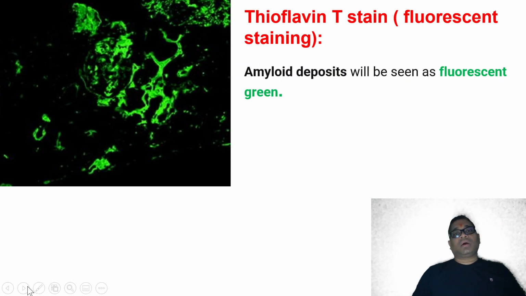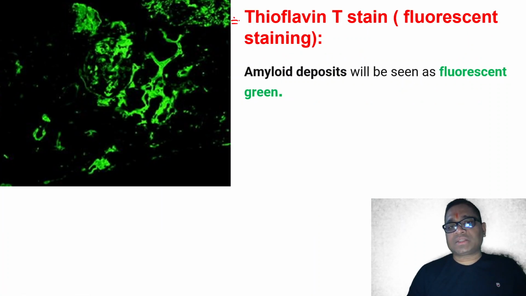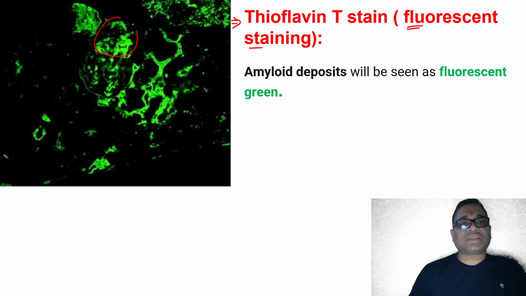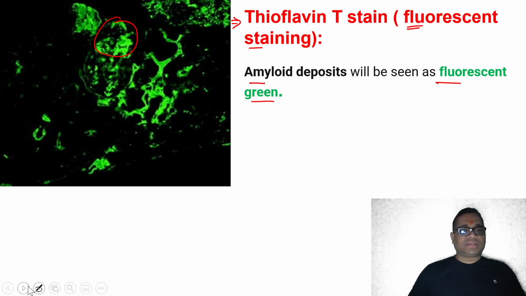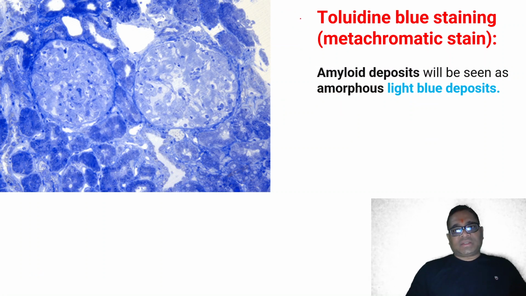Now coming to thioflavin T, that's what I said. This is the fluorescent stain, and here also you can see the green color appearance of the amyloid deposit. So fluorescent green amyloid deposits are present in thioflavin T staining. Next is the toluidine blue stain, which is a metachromatic stain.